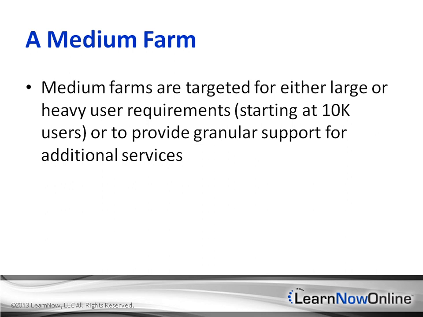With 2013, you're actually looking at being very granular for that. So pretty much any of the services that you see, and as we go through configuration, you're going to see capabilities of, you can break those off into their own areas in a medium farm. So while small farms have been very common in the past, medium farms with 2013 are becoming a lot more popular, mainly because of that ability to break off different functionality.